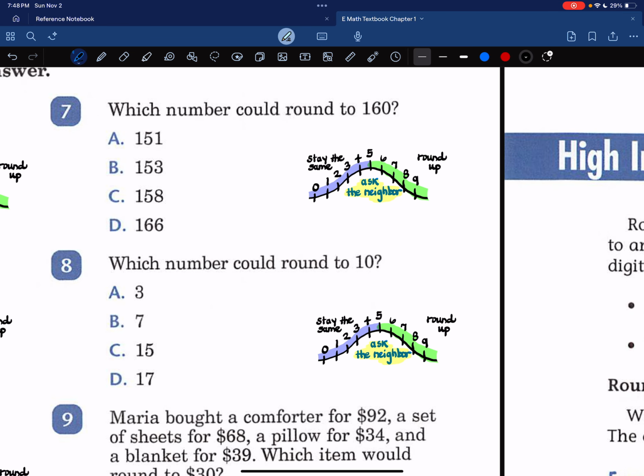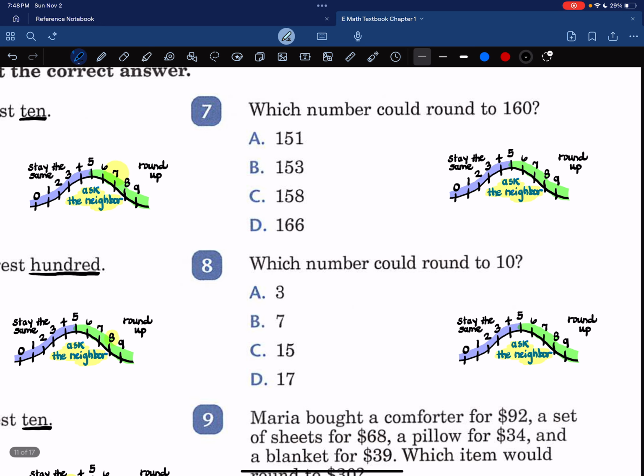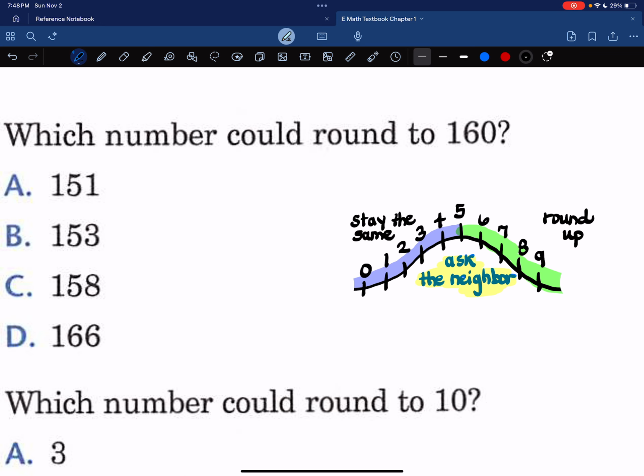Which number could round to 160? And again, this one has been rounded to the tens place. So let's do 151 to the tens place. The neighbor says don't change. You stay the same here. Then 153. The neighbor says don't change.